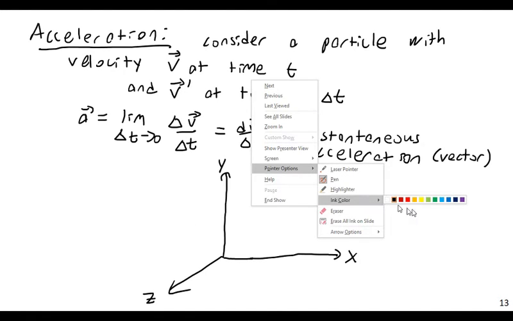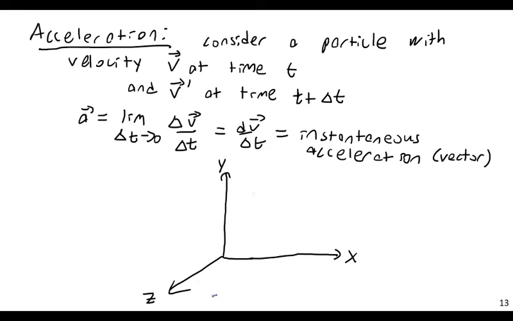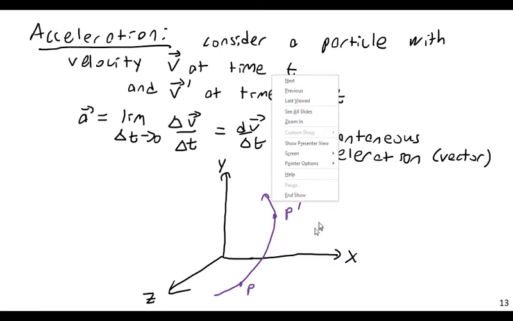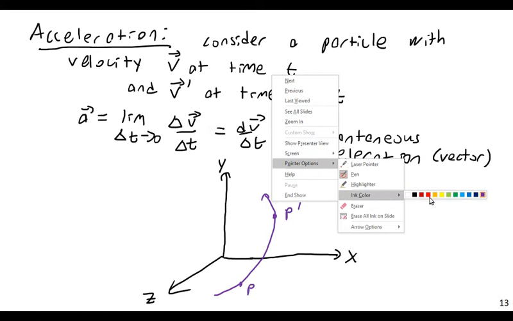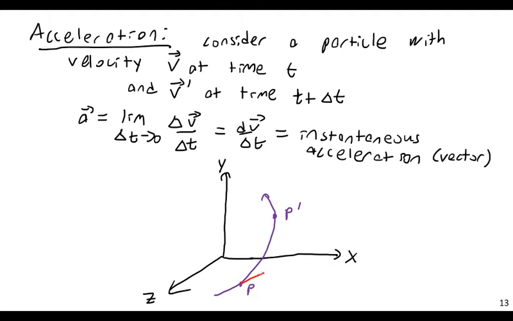If I have an object on a certain path, I would have, again, maybe p and p prime. And then let's say at this point it had velocity v and v prime there, and then v prime here, v prime here.